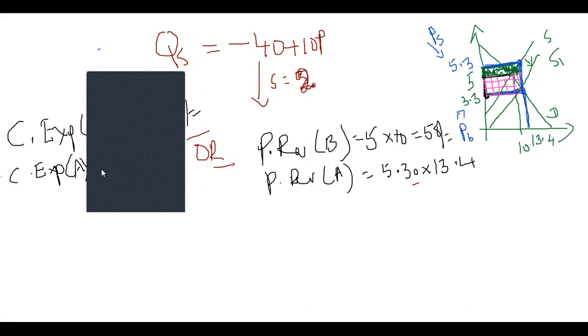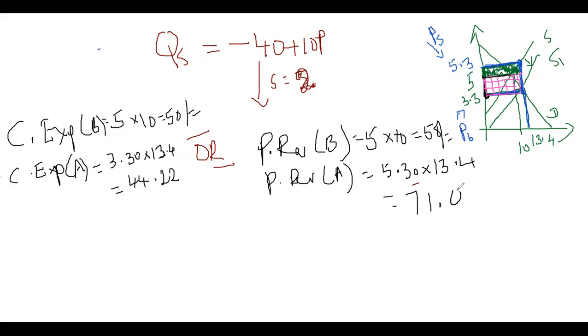For a unit, the price the producers collect is 5.3 and they are selling 13.4 units. Therefore, their revenue is 71.02. Then the difference is the change in producer revenue.